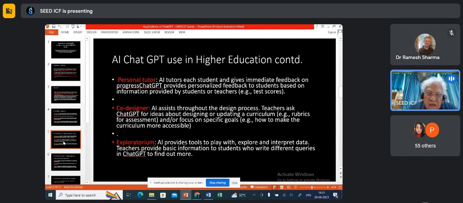Then exploratory, what we call that you can explore. Last time we had a meeting on exploring the AI, and the exploring part is a very important aspect of it. Interpret data: teachers provide basic information to students, who write different queries on ChatGPT to find more answers. So that kind of exploration can also be done. But it is facilitating the job of teachers.